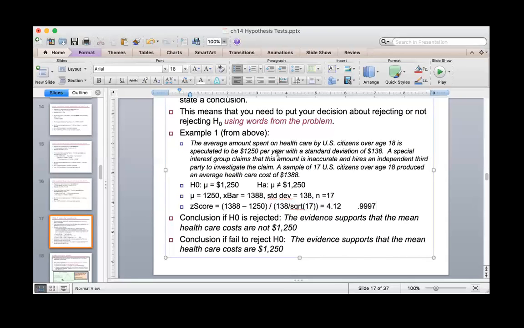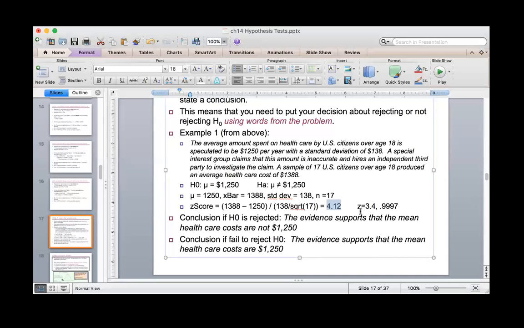When z equals 3.4, the area to the left is .9997, which means that the area to the left of 4.12 is really, really close to 1, right? Because 4.12 is bigger than that z, and it's the area to the left, you need to draw a picture maybe to see what happens.